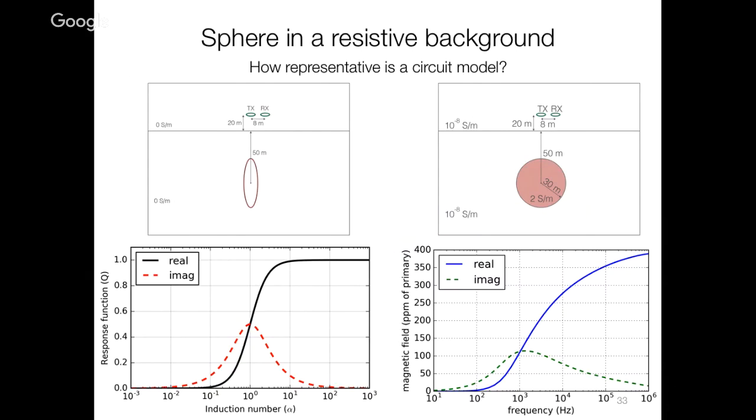I take this same system and model it numerically, with a conducting sphere, transmitter right on top, receiver offset, and I compute those numerical results. You see I get something with the same characteristics. Here's the real, here's the imaginary. That means the circuit model is actually a pretty reasonable model.